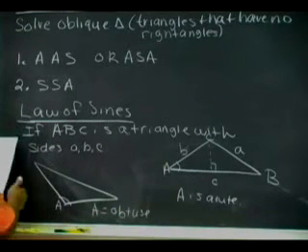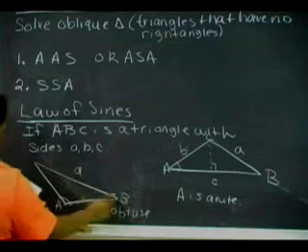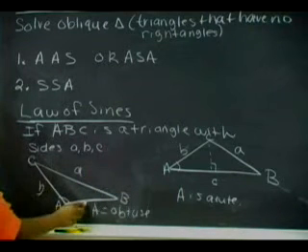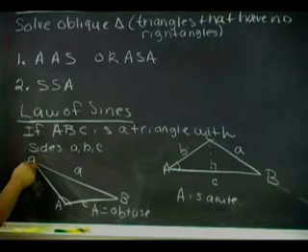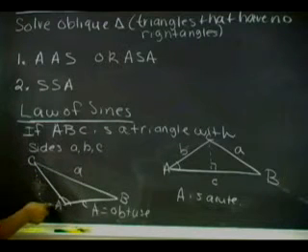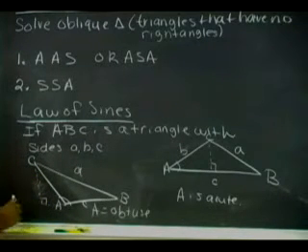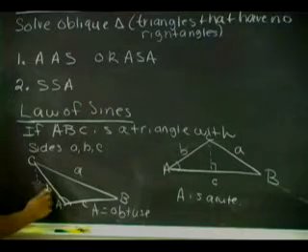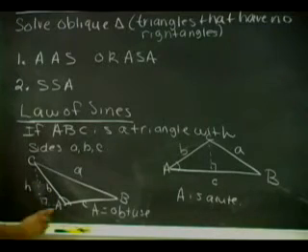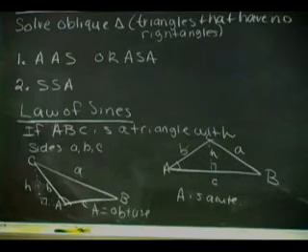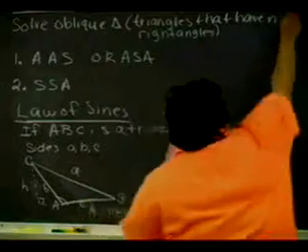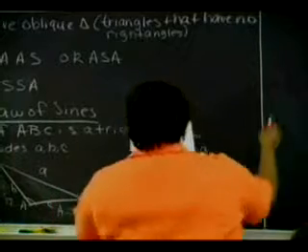What does that mean? Greater than 90. And when we have this, we drop this vertical so that we can form a right angle. This vertical represents the height of the triangle. But anyway, if we're in these 2 situations, then the following is the law of sines.